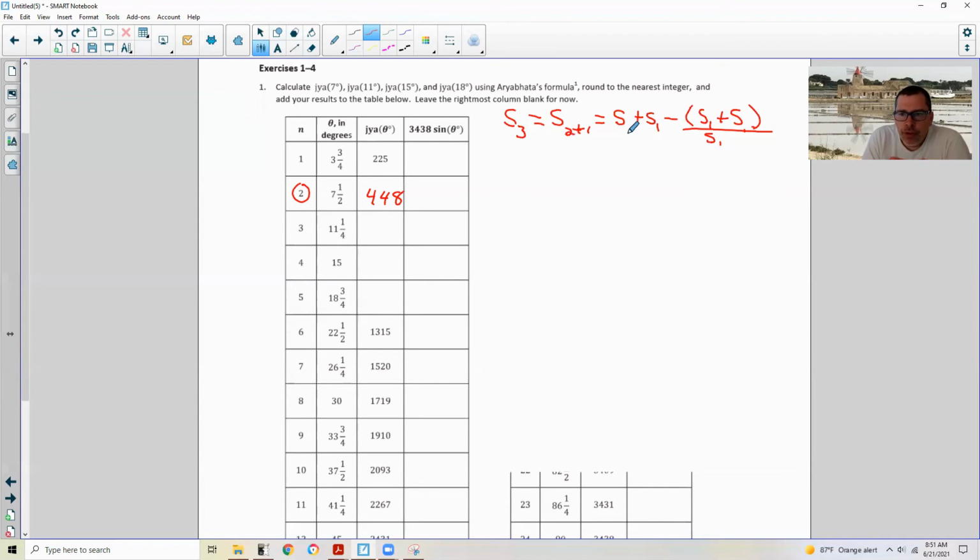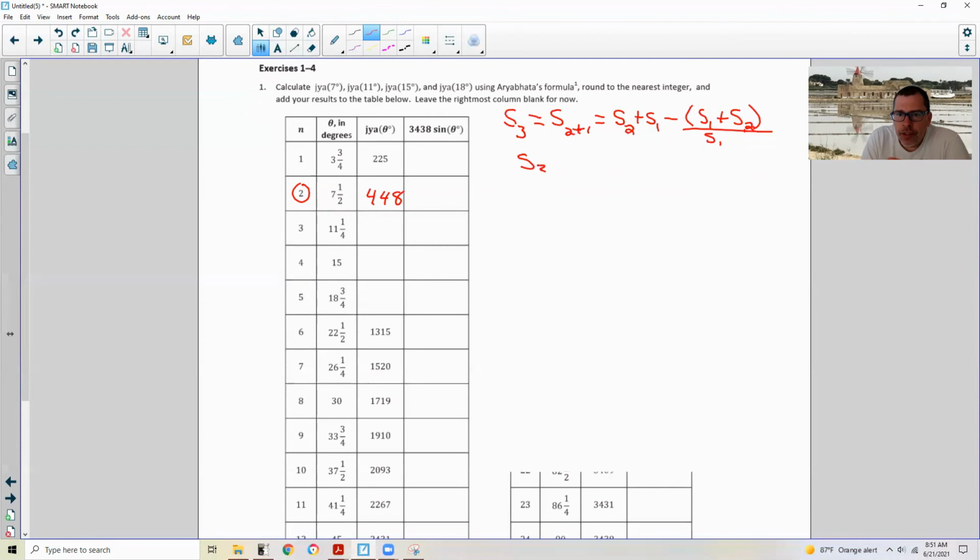So what we're going to do is take S sub, and what was the formula? S sub n plus 1, which is, my n is 2 this time, S sub 1 minus S sub 1 plus S sub n, which is 2, divided by S sub 1.